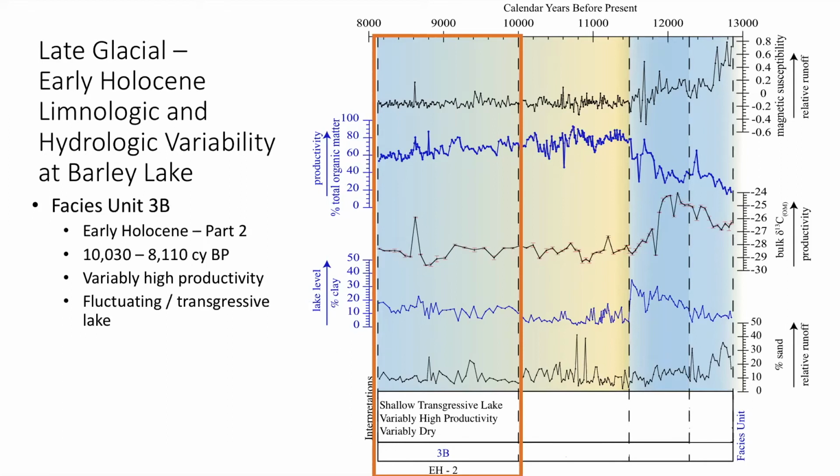Moreover, the percent clay values are low, but increase in value up the core, suggesting a shallow but transgressive fluctuating lake level status. Moreover, Thesis Unit 3B contains the lowest average percent sand values, which illustrates diminished runoff. And so we interpret that as drier conditions.